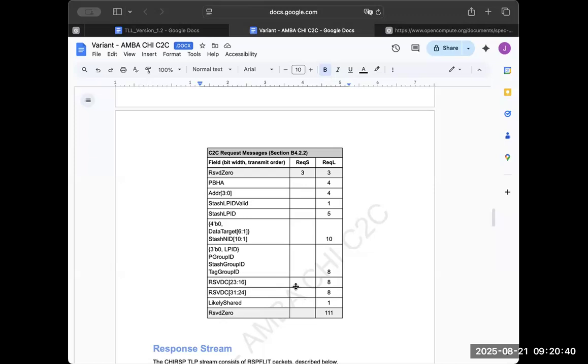Well, we signal credits in the aux field, I think, as well as we have a credit TLP, right? And I think C2C always has a credit TLP, well, a message format.